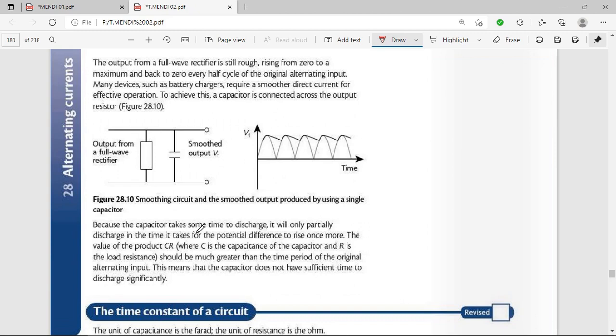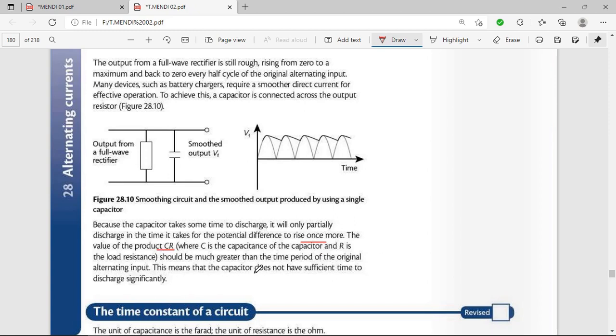Because the capacitor takes time to discharge, it will only partially discharge in the time it takes the potential difference to rise once more. So the value of the product, capacitance times resistance, is much greater than the time period of the original alternating input.